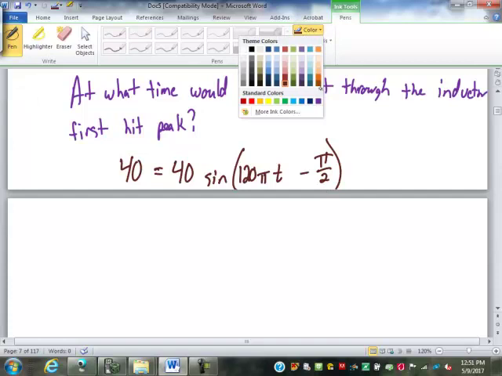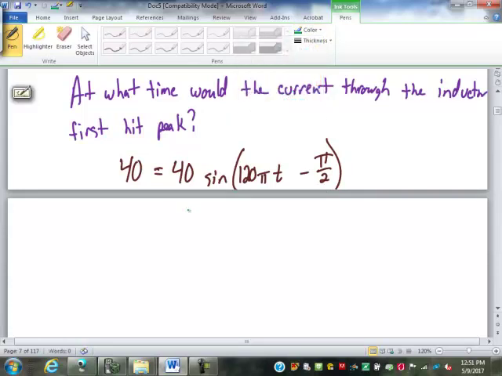Now this is going to be a little weird to solve, but it's really not that hard. First thing we have to do is divide out the 40. So 1 is equal to sine of 120 pi t minus pi over 2.